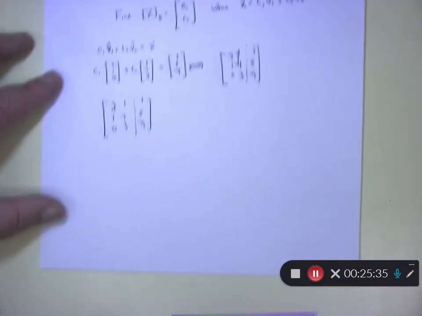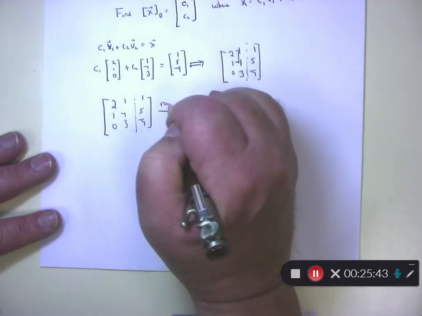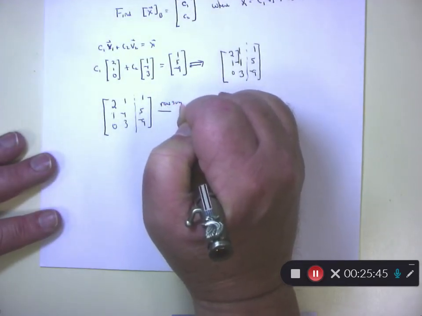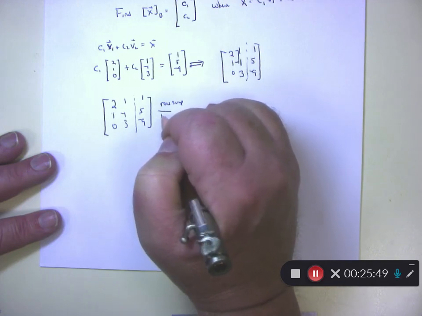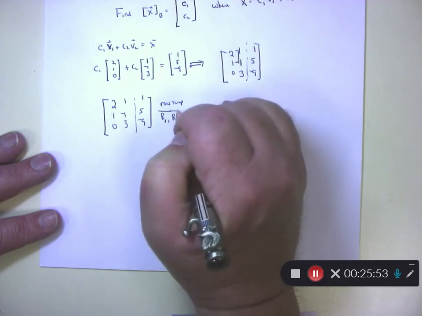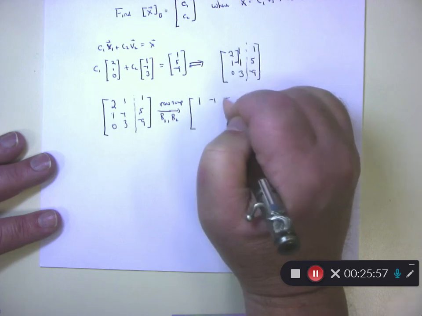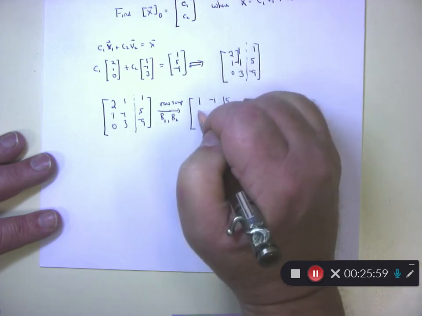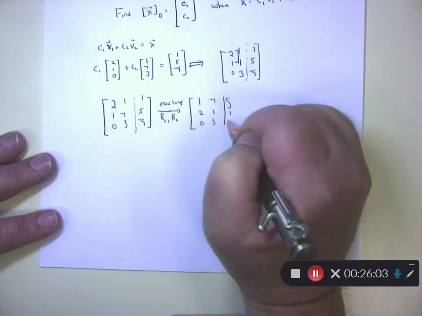So let's practice. What's your first move? All right, so you've already got it down, row swap. This is row 1 with row 2, R1 and R2. So this would give me 1, -1, augmented with 5, and 2, 1, 1, and then 0, 3, -9.